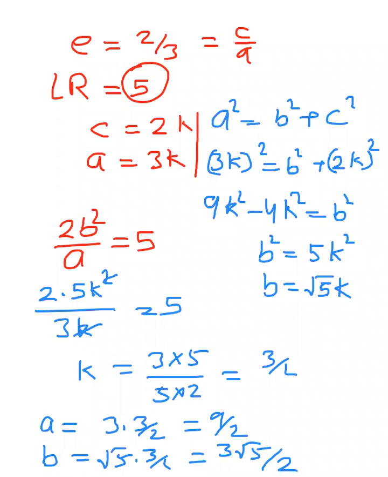Now when we need to calculate the equation of the ellipse, I am writing a and b because we need to go on the next sheet. A equals 9 by 2 and b equals 3 root 5 by 2.